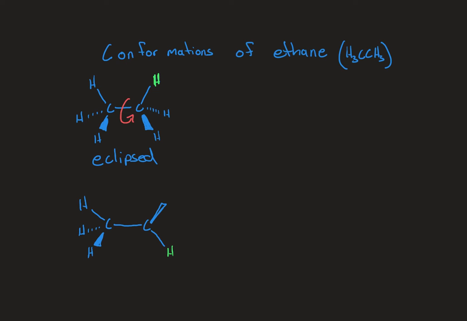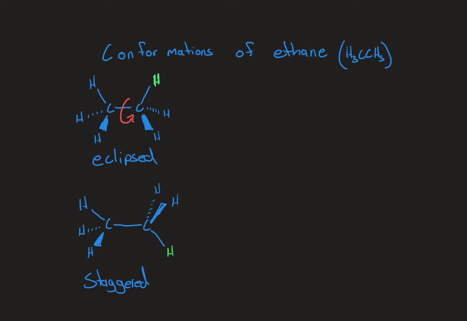And that's going to move the other two hydrogens up to the top. This structure is known as a staggered conformation. Hopefully you can see that this hydrogen and this hydrogen are 180 degrees apart and they don't line up.